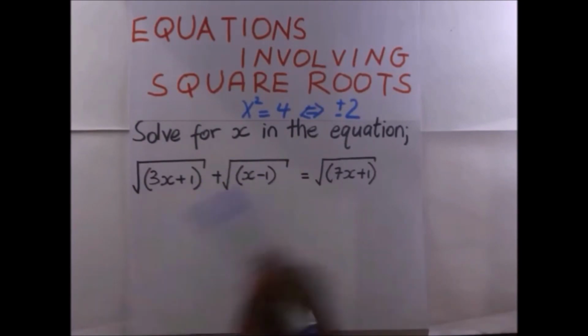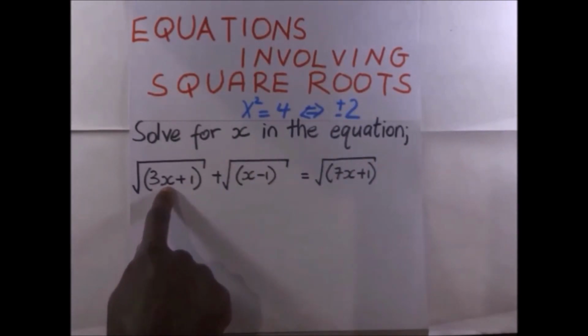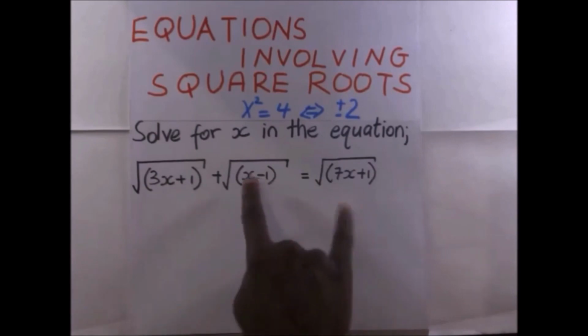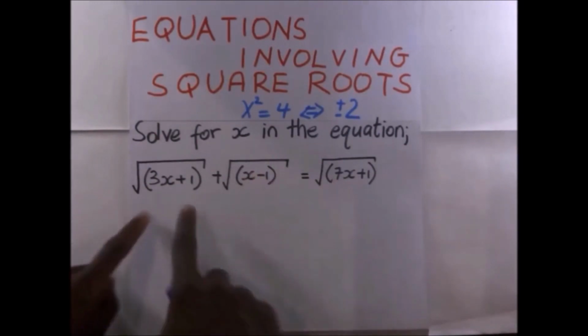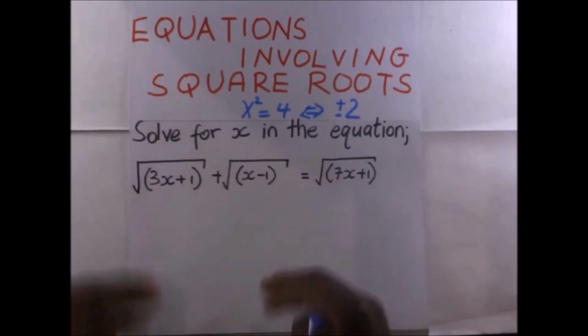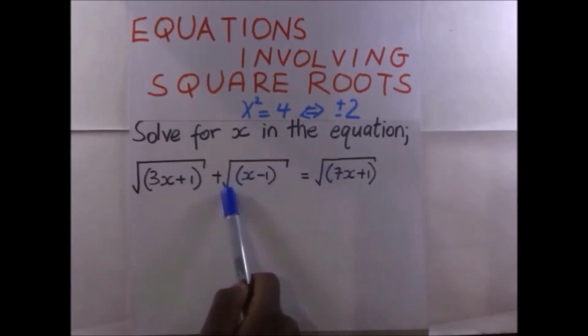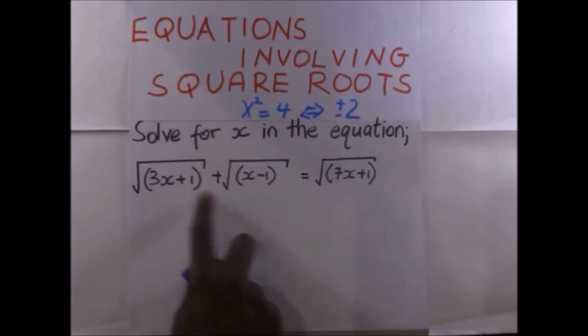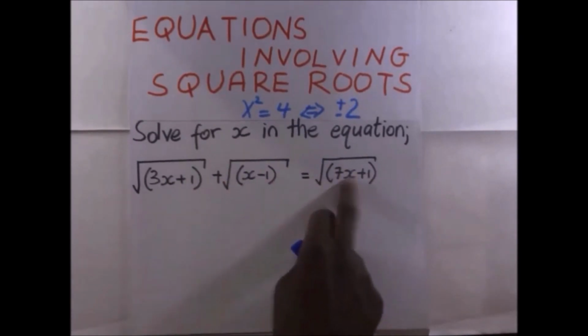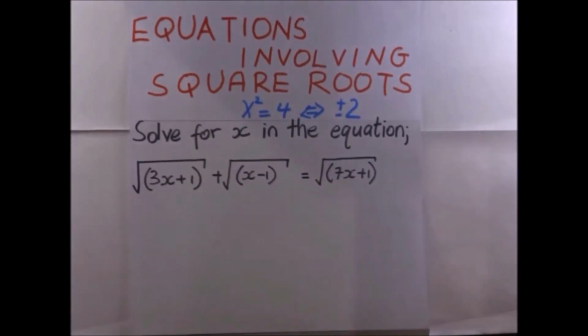Because we have created some extra solutions, some of those solutions will not be consistent. So we solve for the value of x, then come back and fill them in here. If it satisfies this equation, then that value of x is correct. If it does not, then it is not.